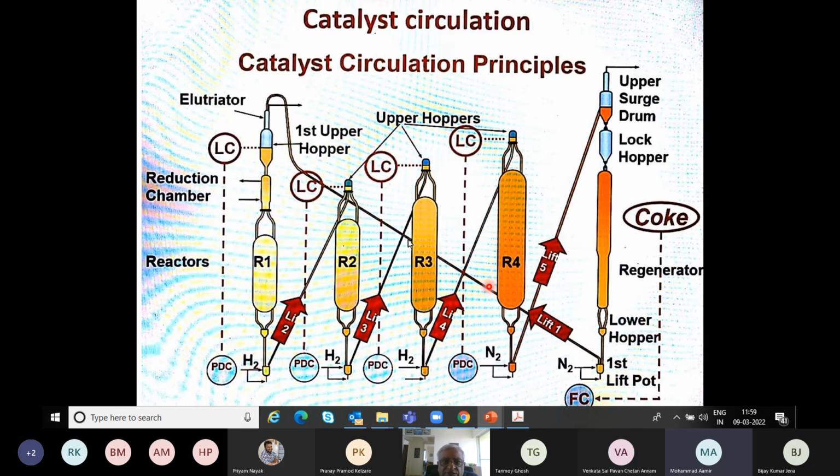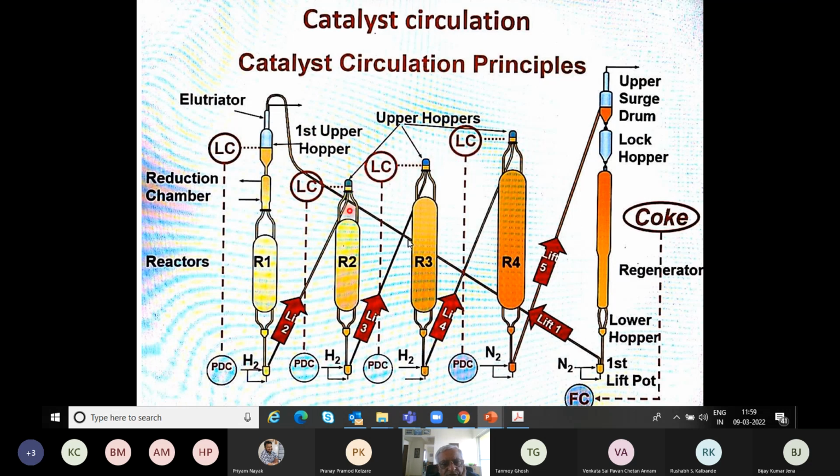So in the Axens type of configuration, you can see this diagram, how the catalyst is transferred. Here we have not shown the gas flow, only the catalyst flow. So you use hydrogen to actually lift the catalyst through a standpipe, into a hopper here. These are called the upper hoppers, in which the catalyst is stored.